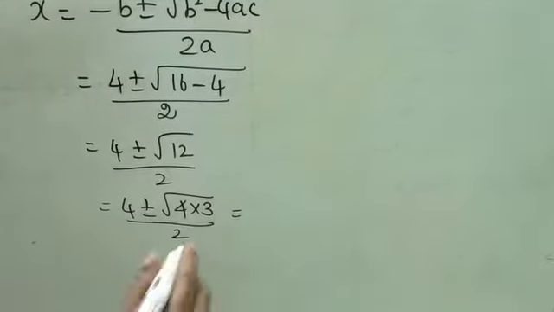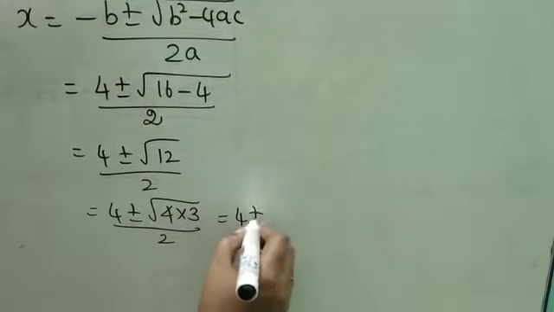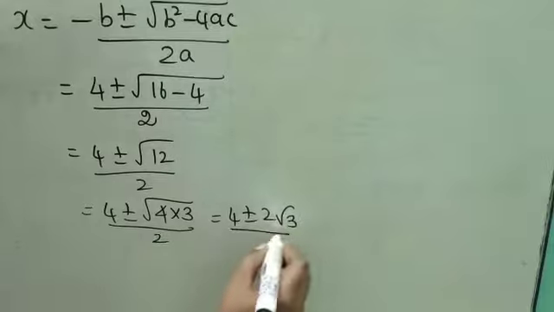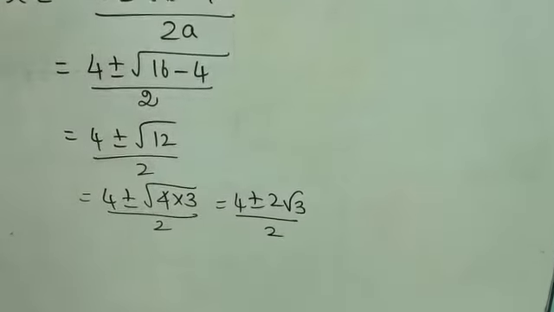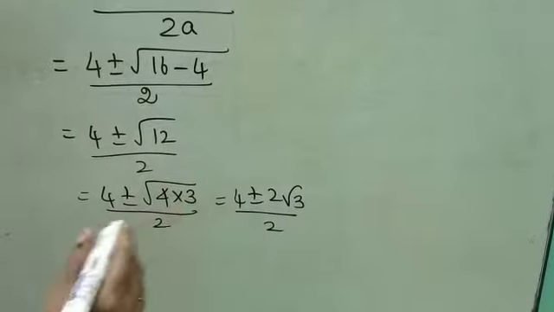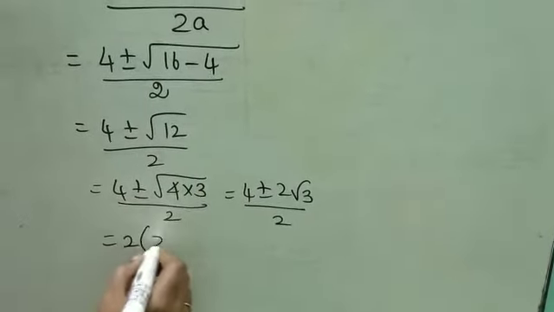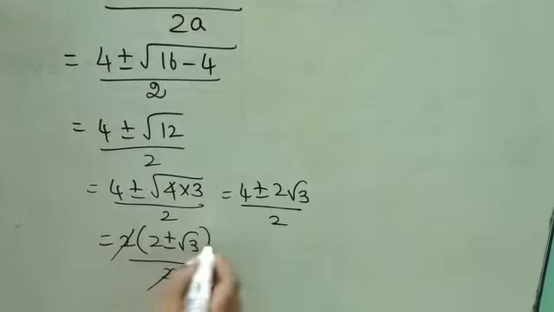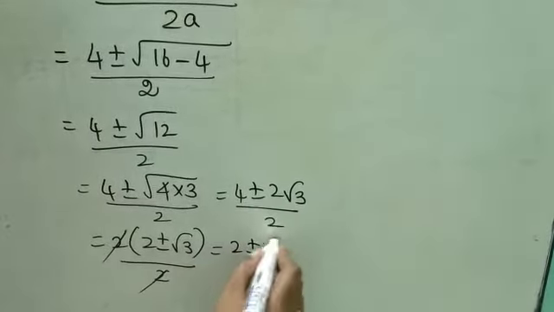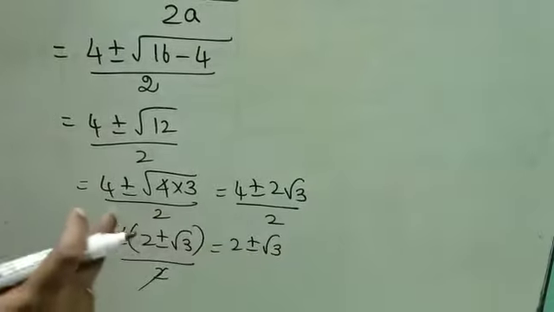Square root of 4 is 2. So 4 plus or minus 2 root 3 by 2. Because root 3 doesn't have a value, write root 3 as it is. Taking 2 common in the numerator, 2 into 2 plus or minus root 3 by 2. Cancelling 2, we get 2 plus or minus root 3. Therefore, we are getting 2 values.